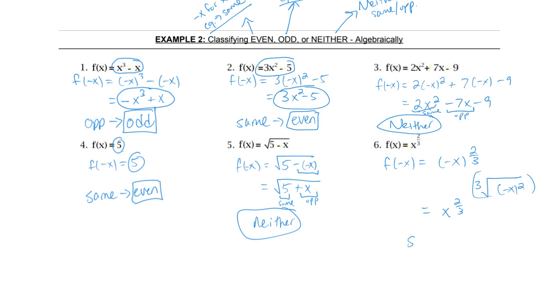So it stayed the same, therefore it's even. Again, you're just substituting negative x for all the x's you see. If all the terms stay the same, then it's even. If all the terms are opposite, then it's odd. If some change and some stay the same, then it's neither.